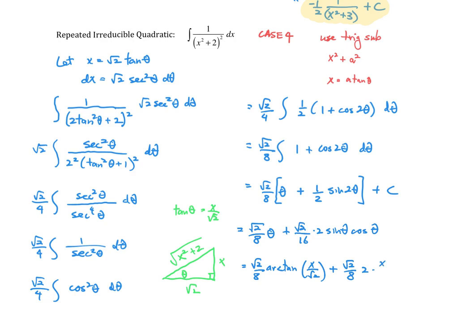So that's going to be x over rad x squared plus 2. And then the cosine is going to be the adjacent over the hypotenuse, which is rad 2 over square root of x squared plus 2. And then we still have a plus c. So this whole thing is our answer.